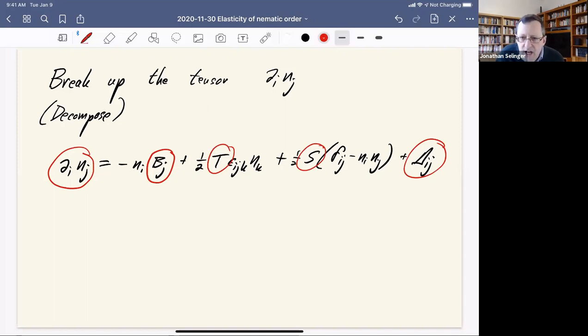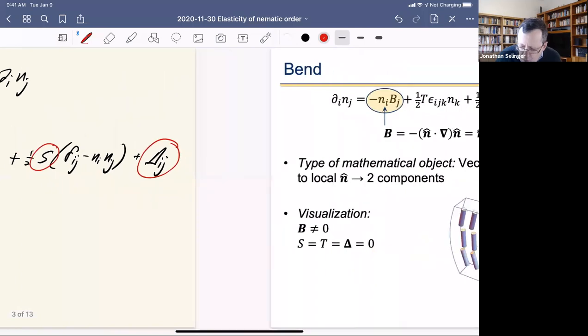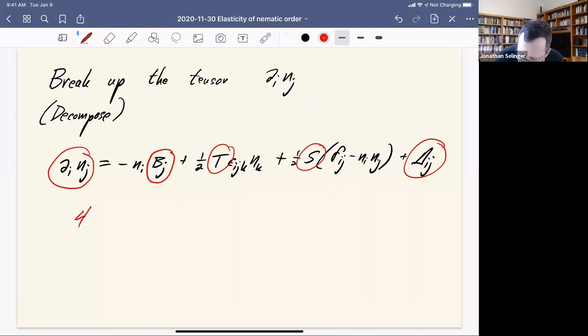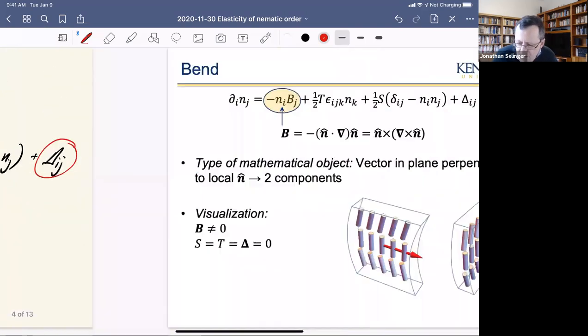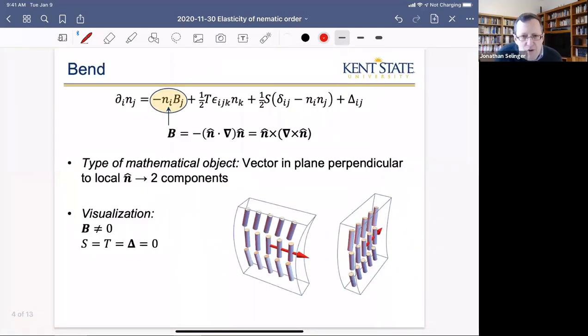Now let me explain each of these 4 pieces. The equation is saying that there are fundamentally 4 pieces of this kind of director deformation, which are 4 types of mathematical objects. The first of those pieces is what's called bend.